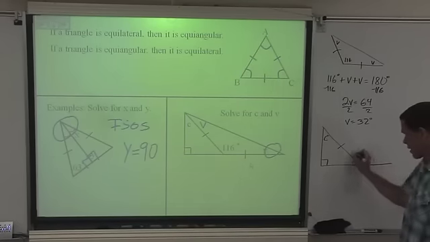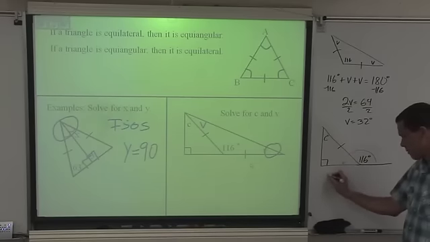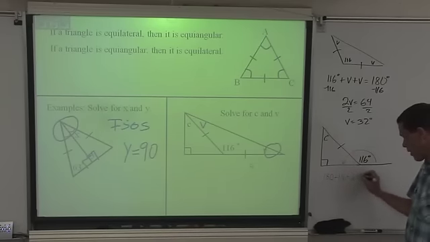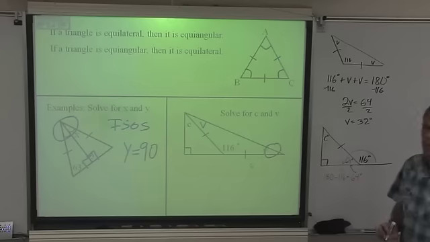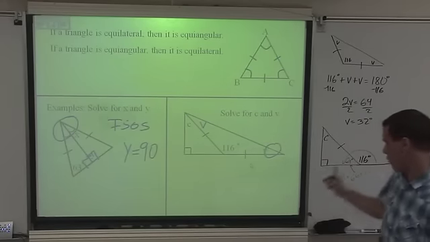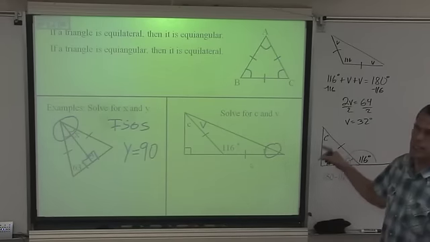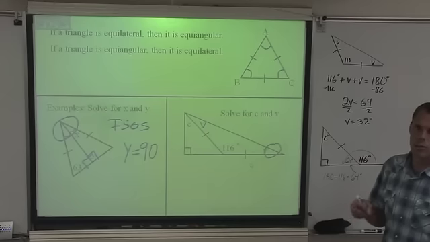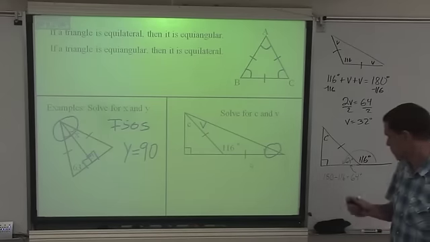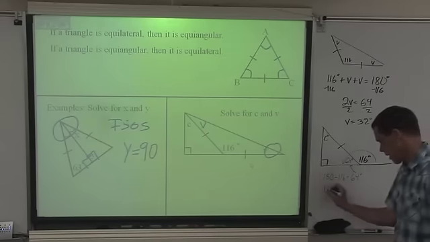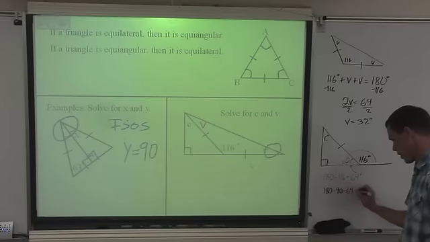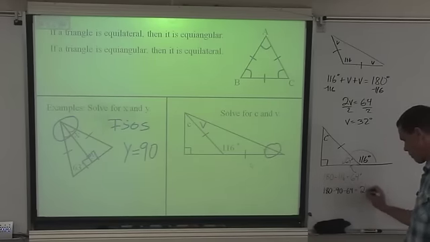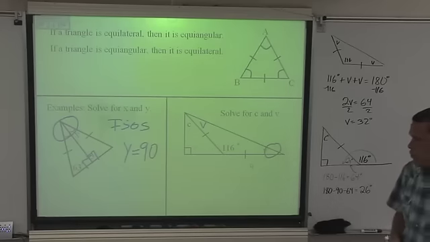I can say that 180 minus 116, which equals 64, produces this angle. Then I can use the 64 and the 90 plus the C to figure out what the angle C is. So I can take 180, subtract the 90, subtract the 64, and I end up with 26 degrees for C.